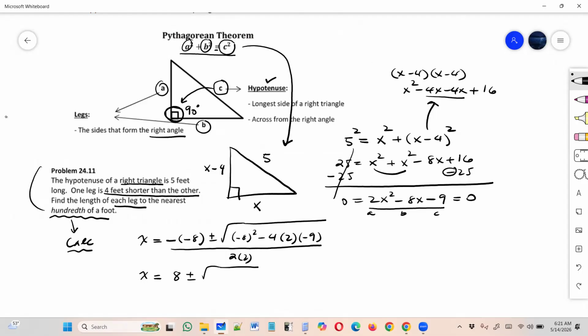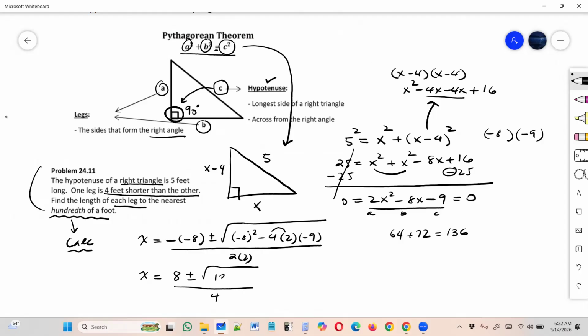Now, aside, I have to evaluate what's inside the radical. So let's use the calculator for that. So I have negative 8 squared is 64. And this is negative 8 times negative 9, right? So 72, 136.